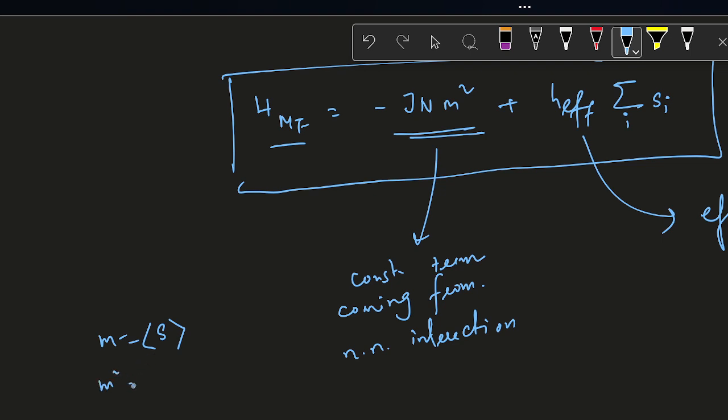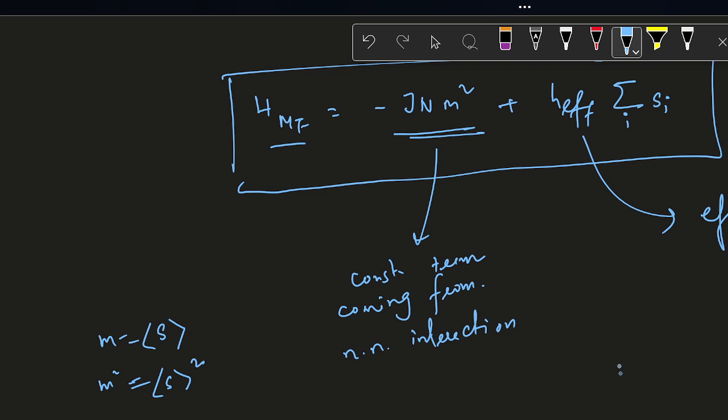So m squared is nothing but this average of S_i whole squared. And this n term is coming because we have already summed over the i-th element, so we can always take out this n by taking a summation of i from 1 to n, so that the first term now becomes minus J into m squared, which is basically the average S whole squared, and this n is absorbed into the summation because we have taken it inside the summation now.